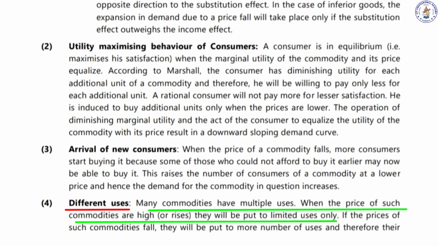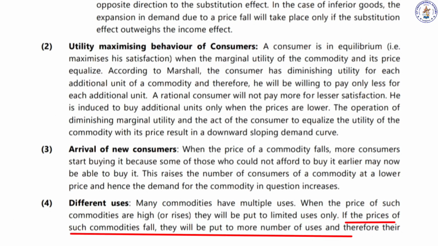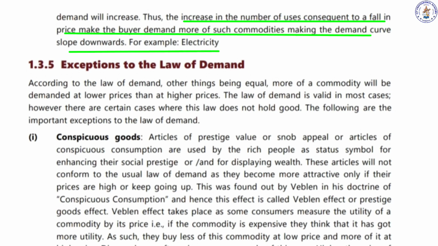So if the price of the commodity increases, the person will buy a lesser amount of tomato, to be used only for the essential purposes. But supposing its price falls, he may buy it for using in various other dishes. He may use it for various other purposes lavishly.